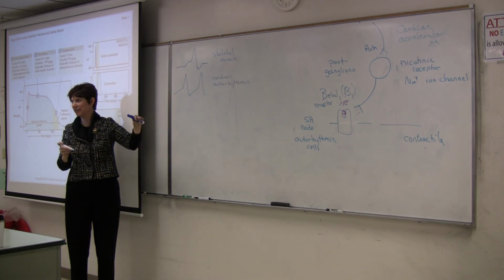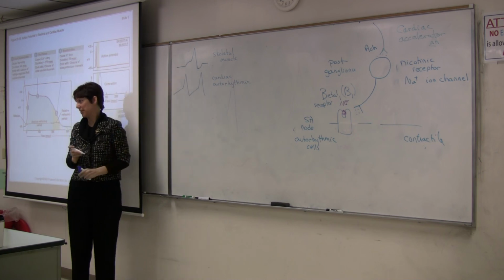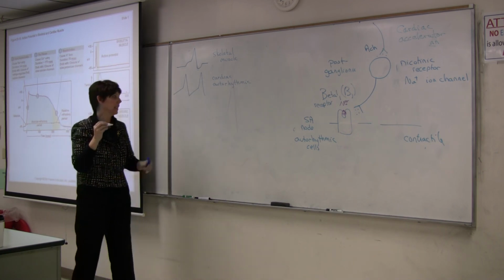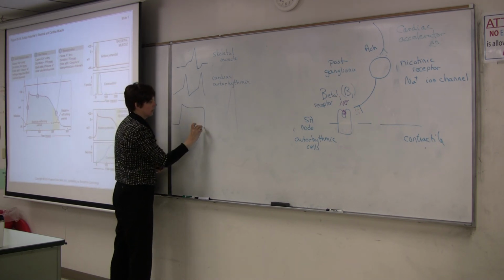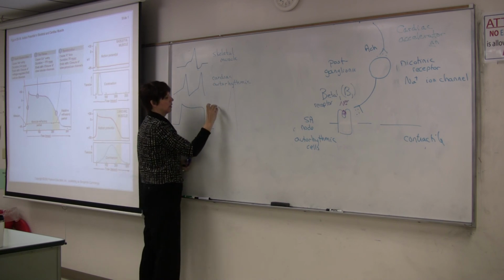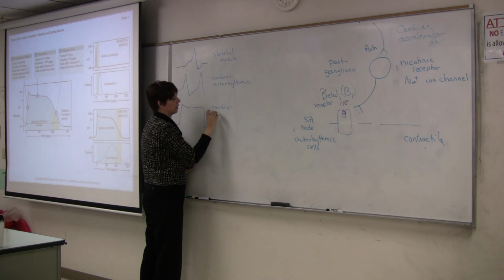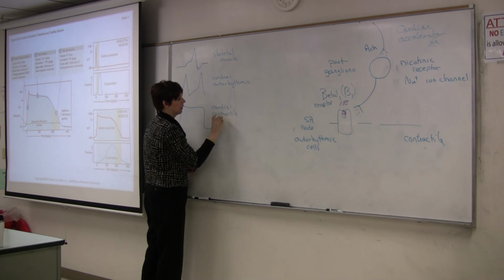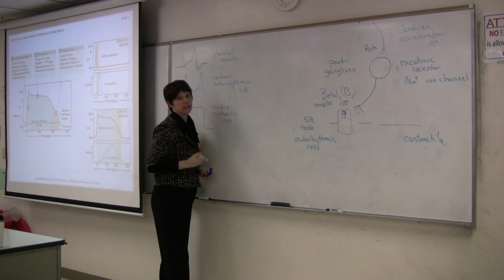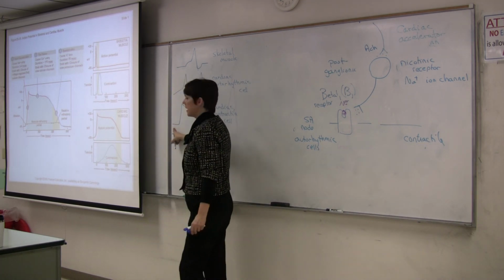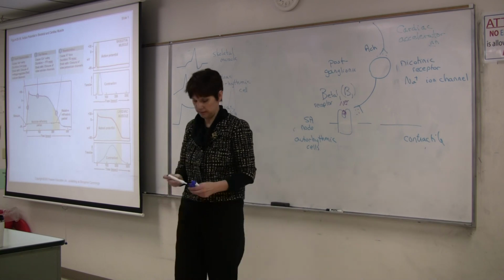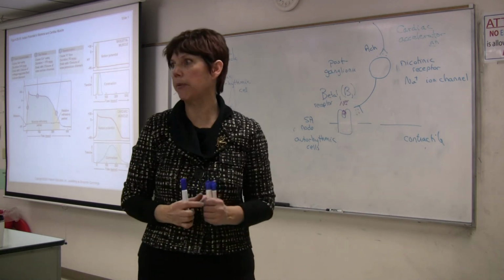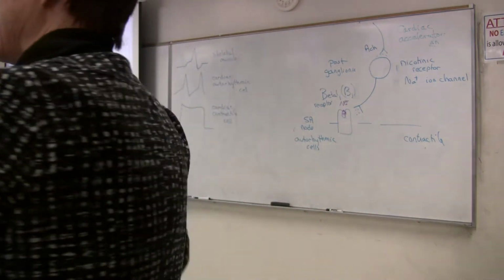No resting membrane potential, but a graded potential and action potentials. Okay, and then what we're going to look at now is the cardiac contractile cell. A resting membrane potential, an action potential, no graded potential. For each of those, you should be able to identify what channel is creating those events.